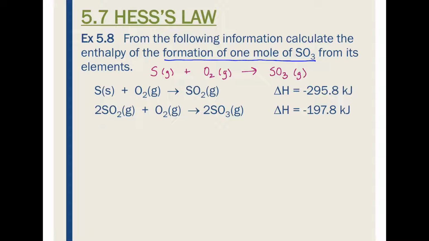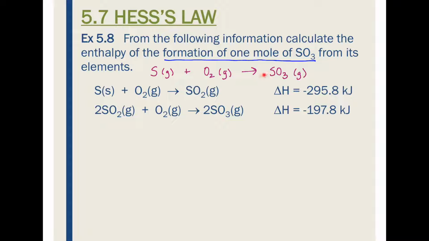But the one key piece here is because we're forming 1 mole of SO3, we cannot change the number here. So we're going to have to think carefully about what coefficients need to go there. And as you'll see, we're going to end up with fractional coefficients, okay? Because I have 1 sulfur here and 1 sulfur here. That works. But unfortunately, I have 2 oxygens here and 3 oxygens there. So typically, if we were balancing this, we would take them both to 6.